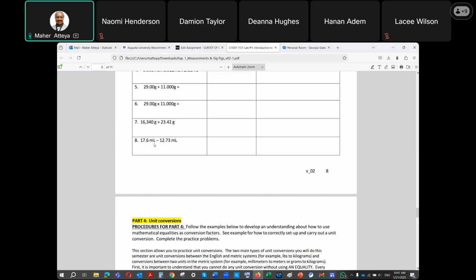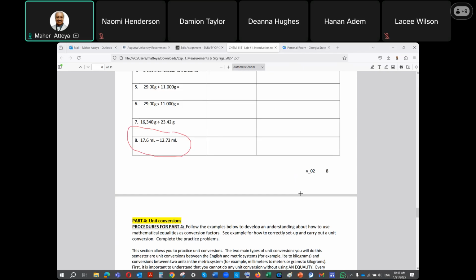We take the number as is from the calculator. And then, these guys we are looking at, the least digits after the decimal is considered for the rounding off.